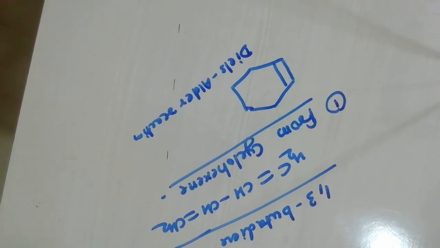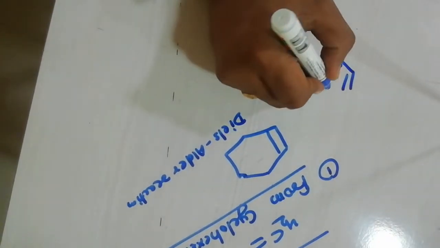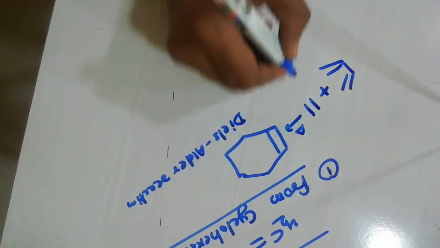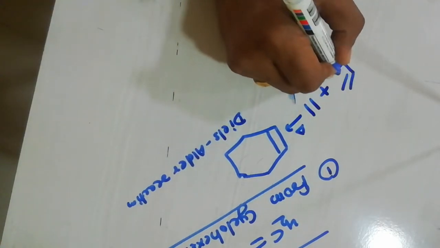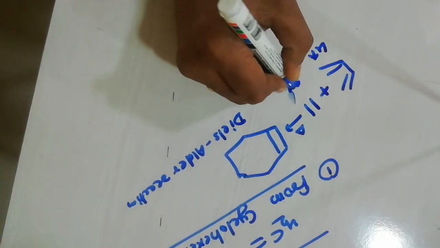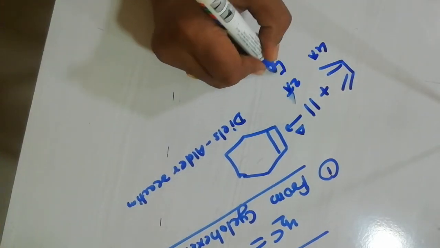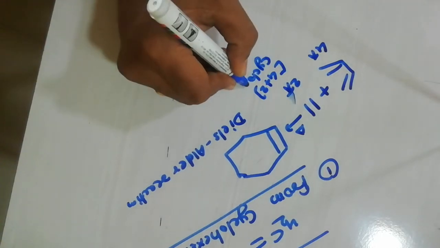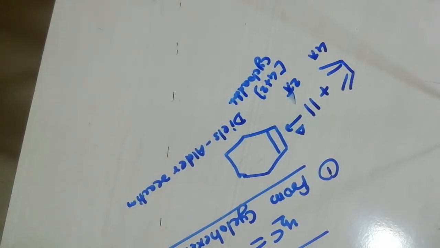The Diels-Alder reaction is a reaction of a diene, 1,3-butadiene, plus an alkene, and this is a 4 pi system because there are 4 pi electrons. So, 4 pi plus 2 pi, that is why this reaction is also called a 4 plus 2 cycloaddition reaction.